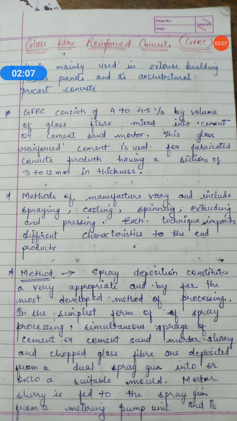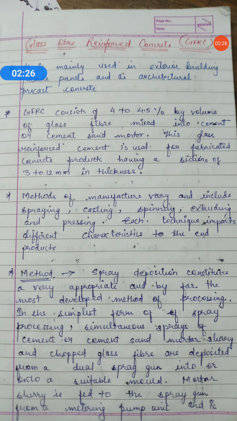Now, how is this glass fiber reinforced concrete made? Spray deposition constitutes a very appropriate and by far the most developed method of processing. So spray deposition is the most common method.